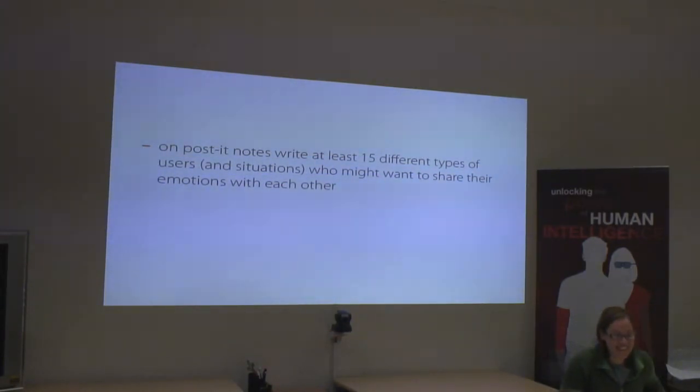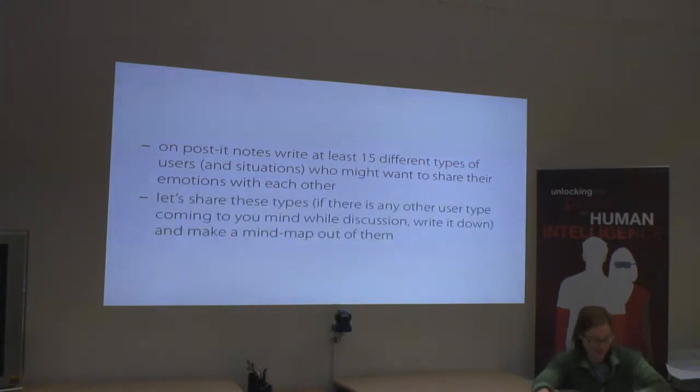Okay, so let's go with just telling your first story, and then we will start making a mind map here, so we put it together. Let's go one by one. Teacher-student interaction. So you are teaching and I'm learning, so we can share this.